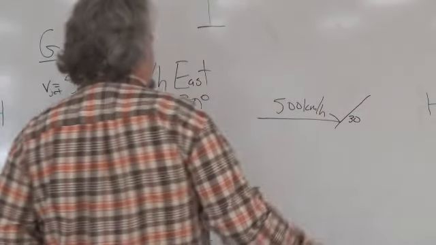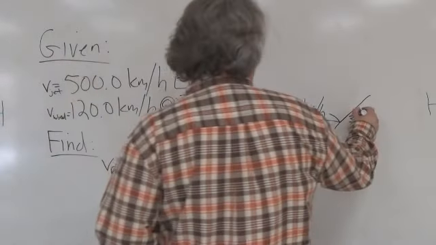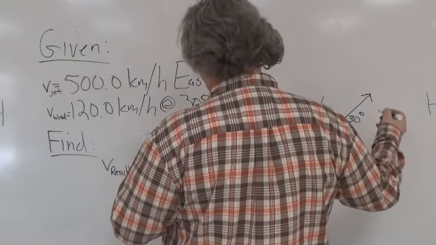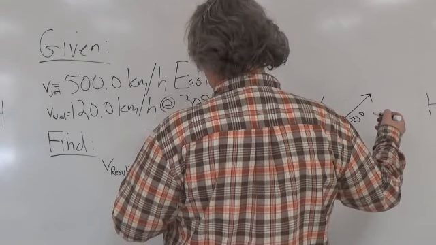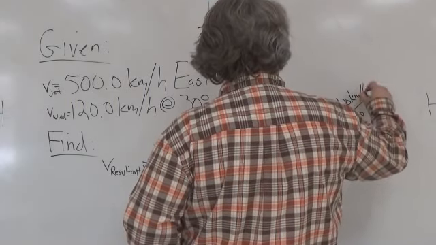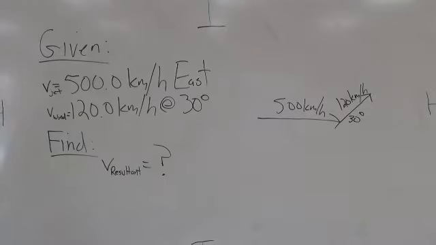We add them head to tail, and the magnitude of that was 120 kilometers per hour. So when you look at this, you can find the hypotenuse.